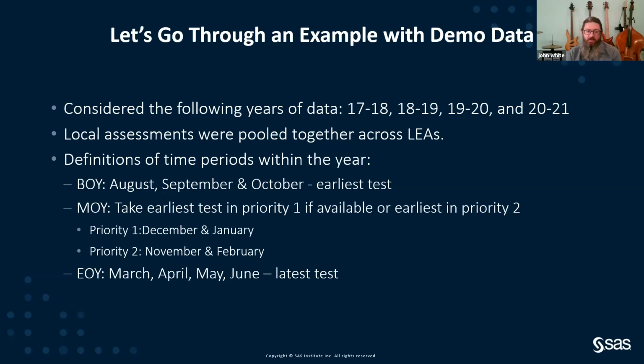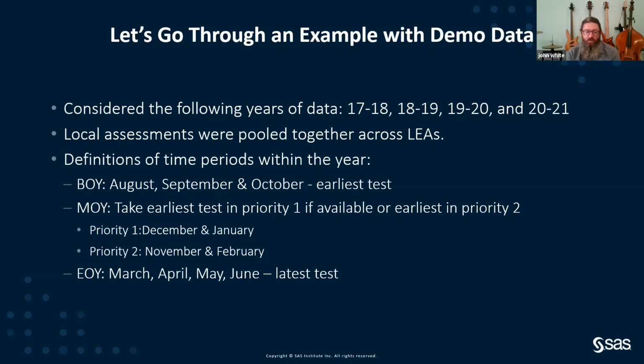We defined the time periods very specifically. So the beginning of the year was August, September, and October. And if you tested students multiple times in that 3-month span, we would take the earliest test date for each individual student. We had a middle of year time point. And again, practices are very different in different school districts, but in order to create some sense of test priority, we prioritized December and January.